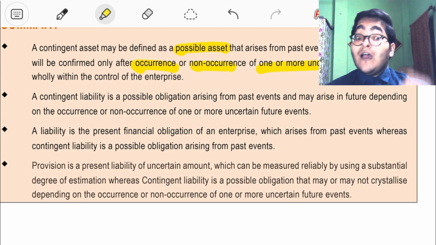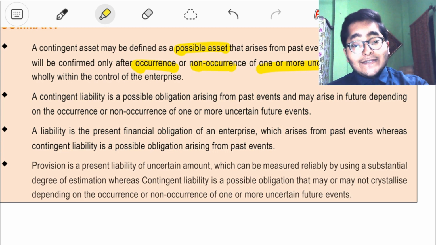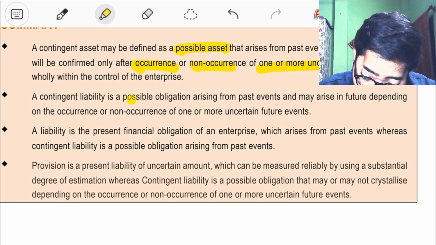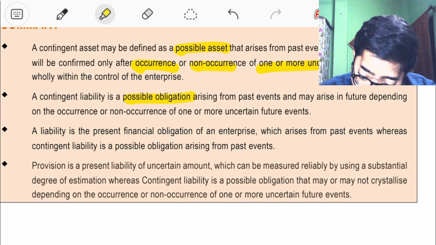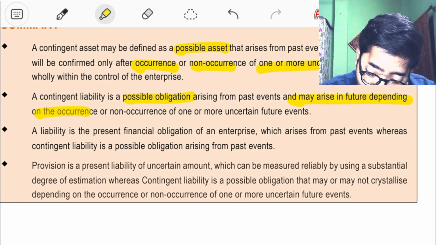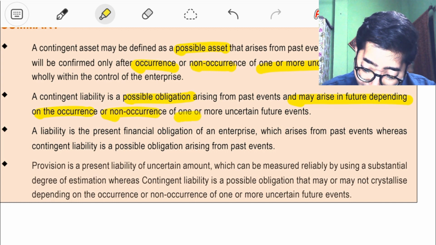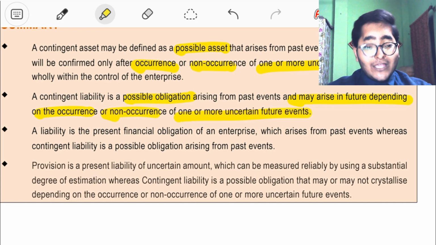Number two, a contingent liability is a possible obligation arising from the past events and may arise in future depending on the occurrence or non-occurrence of one or more uncertain future events.